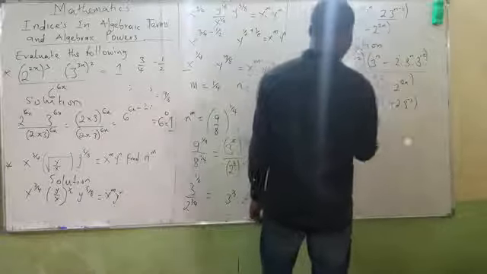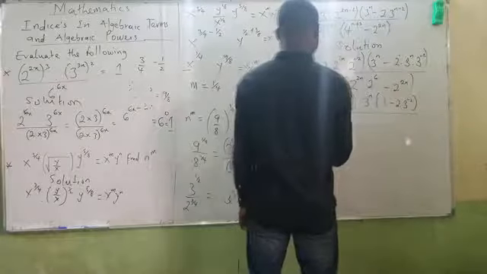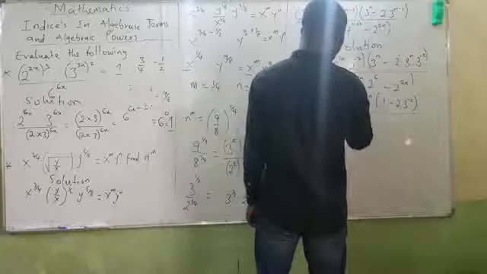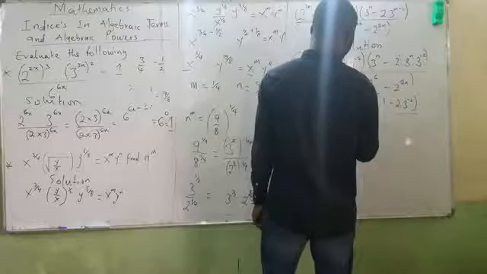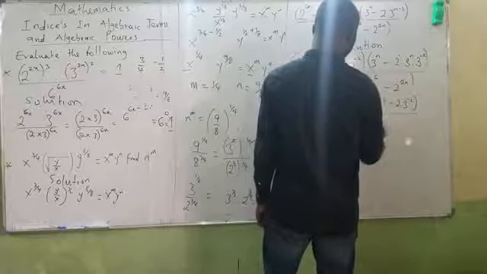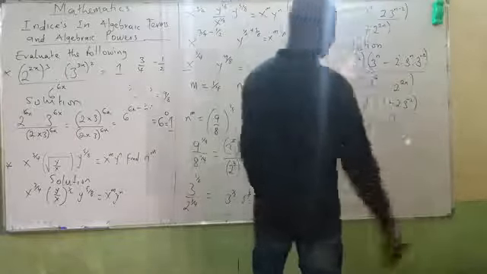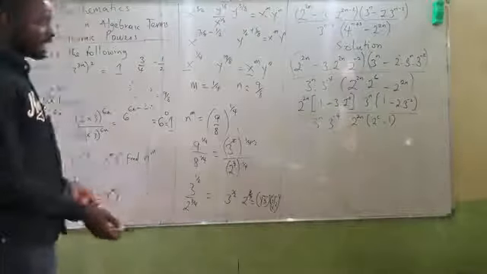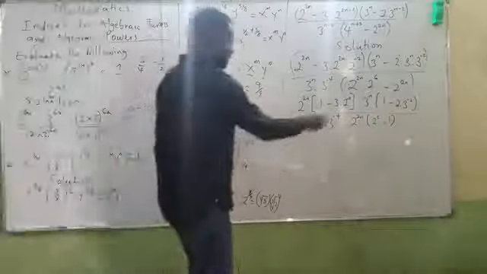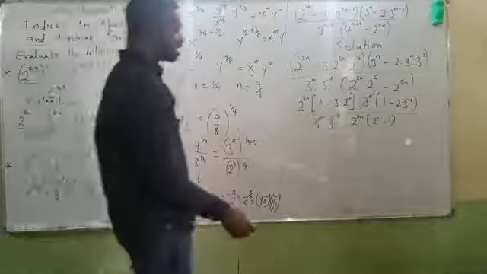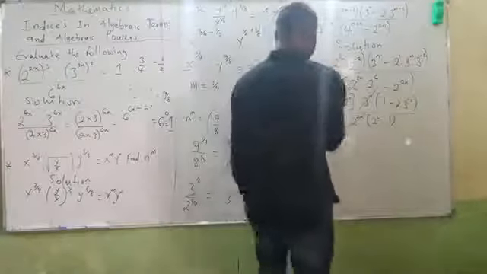Now, divided by 3 raised to power n, 3 raised to power minus 4, and 2 raised to power 2n, bracket of 2 raised to power 6 minus 1. Now, I think I've done a very nice job by saying that this will cancel this, and this will also cancel this.